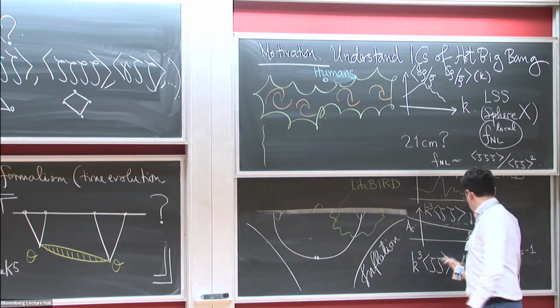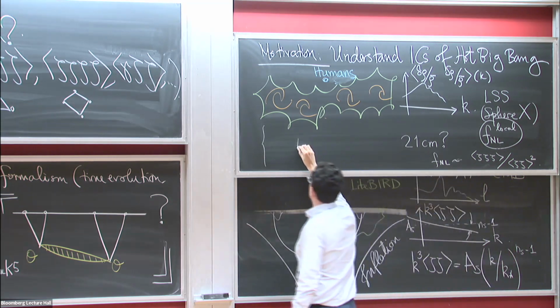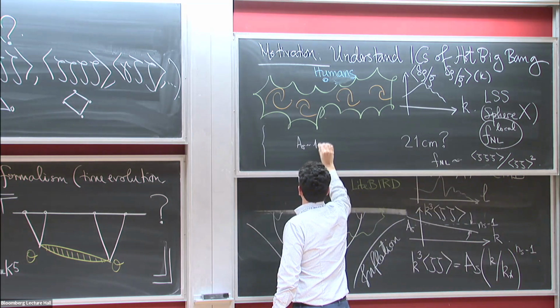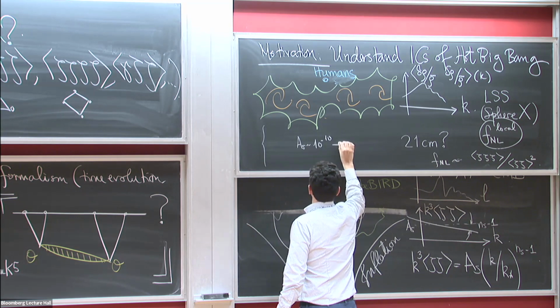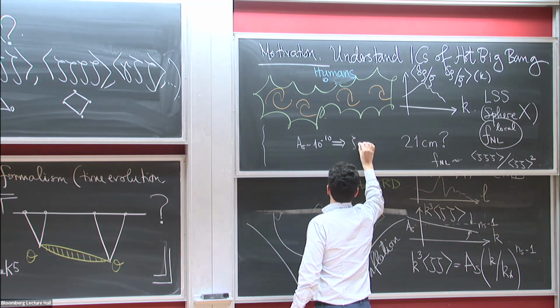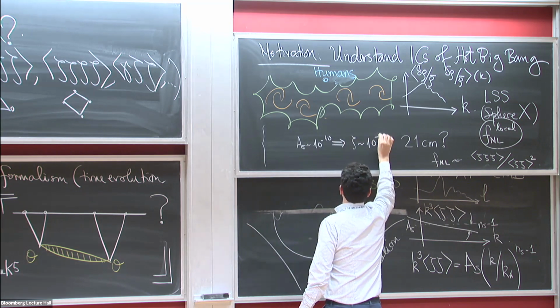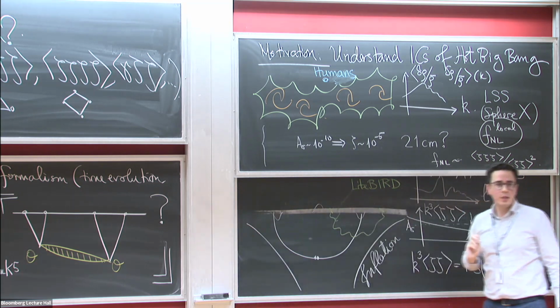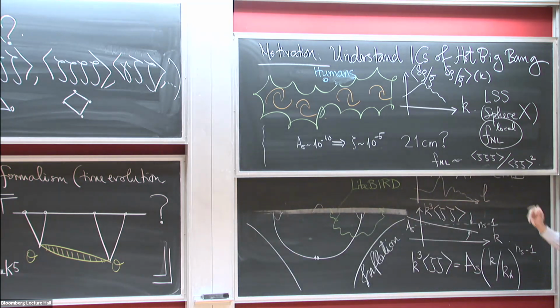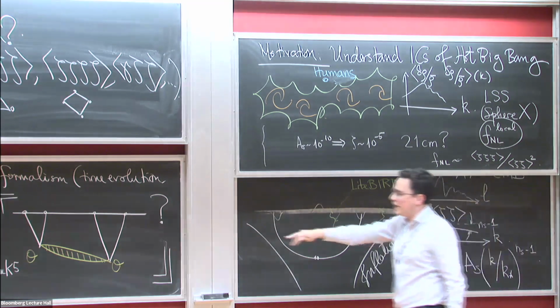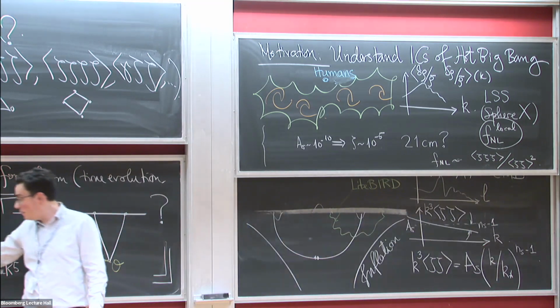I forgot to mention that A_s is order 10 to the minus 10, which means that you should think of each zeta as order 10 to the minus 5, the typical size of a fluctuation. So here you're paying an extra price of 10 to the 5. So even big FNL means that it's very, very Gaussian.